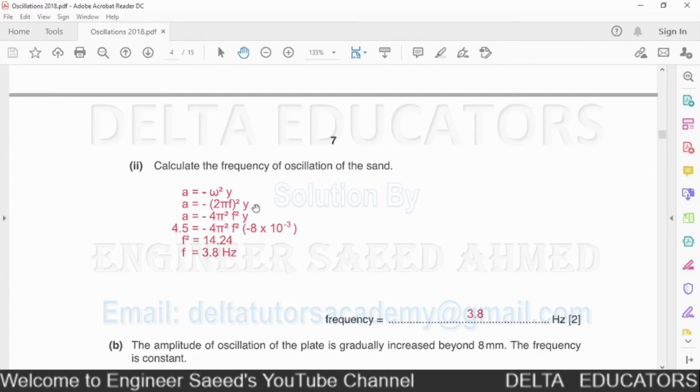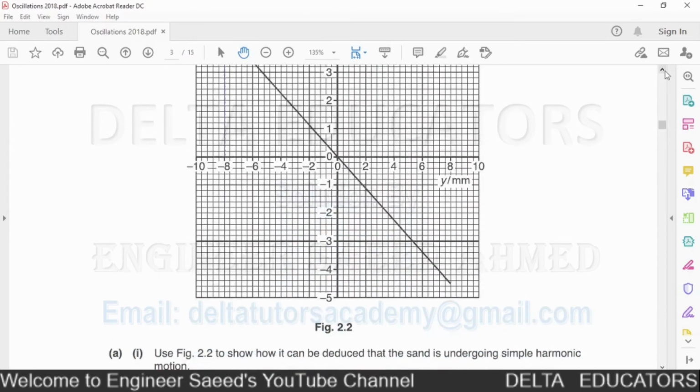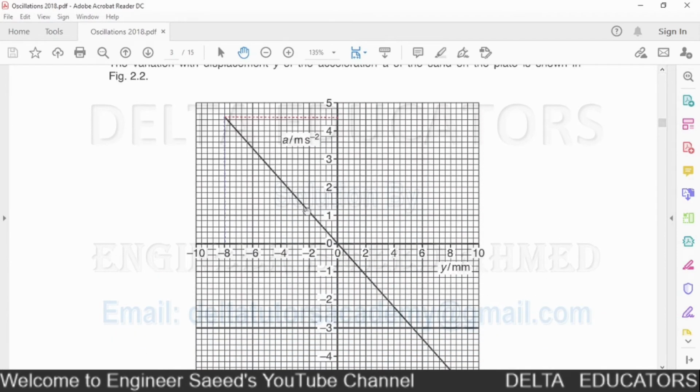Now we just have to substitute the numeric values. Here the x-axis represents displacement, the y-axis represents acceleration. So the maximum acceleration is 4.5, since this line is between 4 and 5.